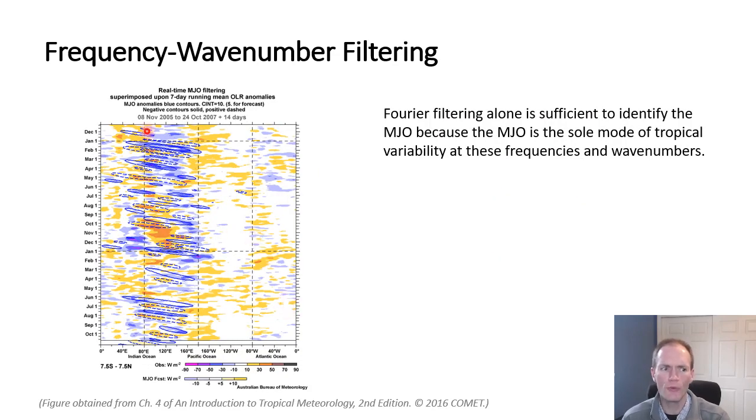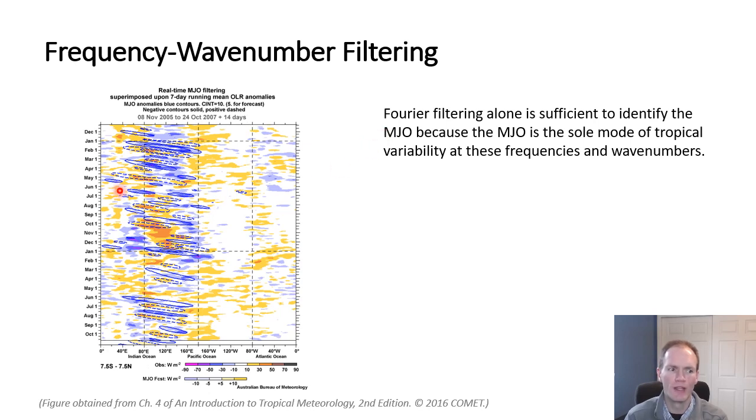And so doing so, we get charts like the one that we have here at left, where the color shading is outgoing long-wave radiation anomalies, where the blues and purples indicate reduced outgoing long-wave radiation and thus enhanced thunderstorm activity, and the yellows, oranges, and browns indicating elevated outgoing long-wave radiation and thus suppressed thunderstorm activity.